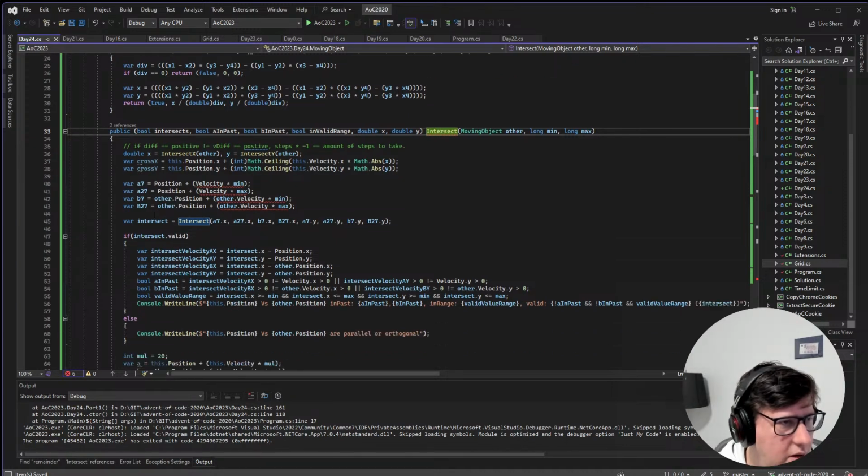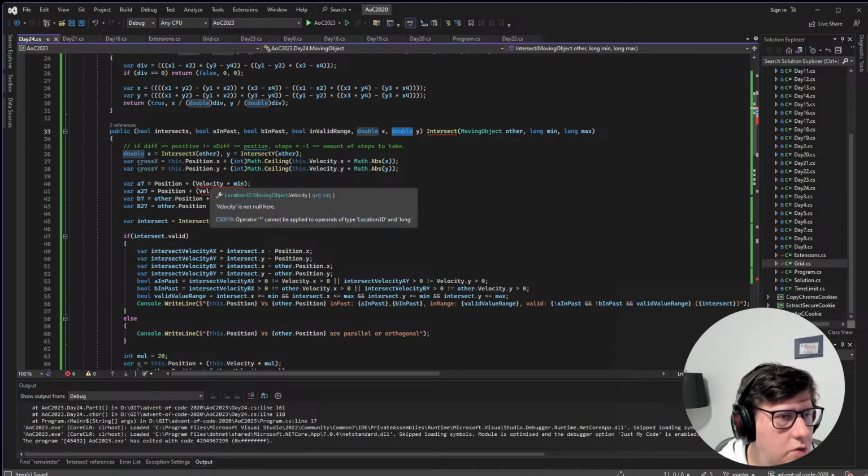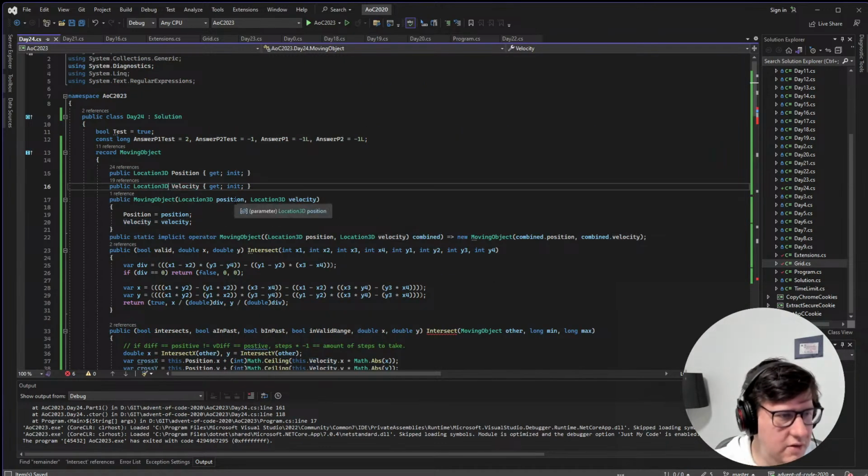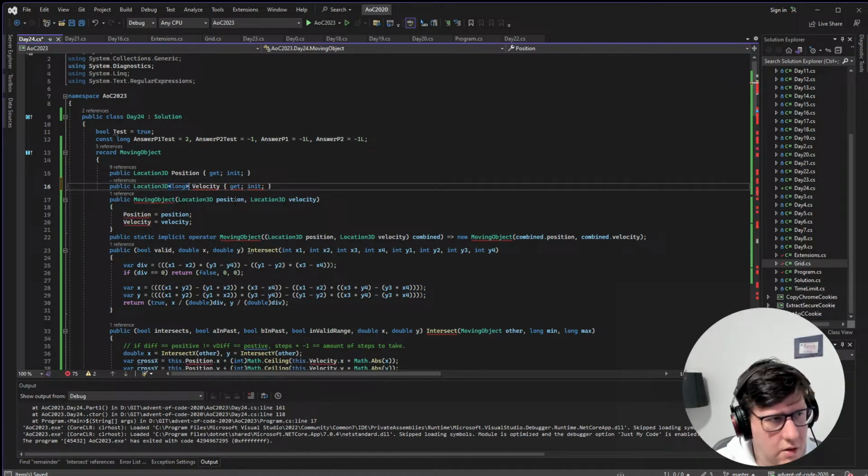Where was I going with this? I need to return this type. Oh yeah, velocity now needs to become a velocity of long in this case.